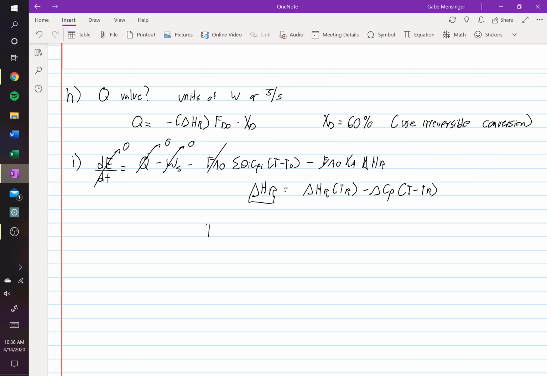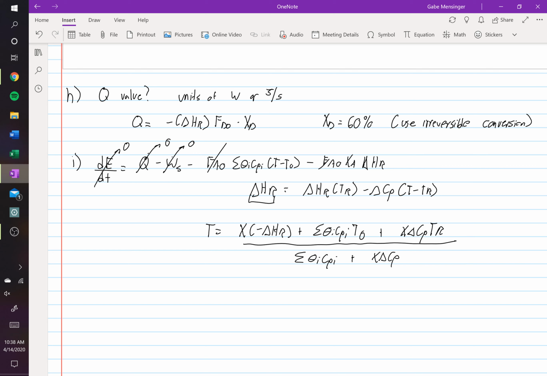We can solve for the temperature to be of this form, if we solve for temperature based off what we have here. So some of you might remember this form.